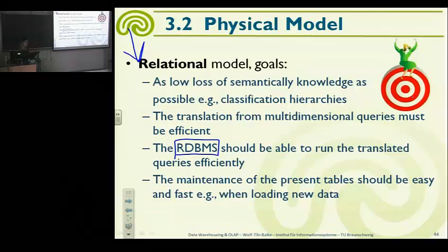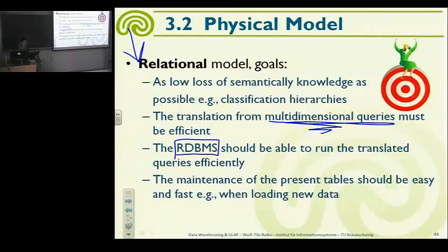We want to keep what we have, just change a little bit, and get the big bucks in our pockets. So they are going to be dealing with multidimensional queries, so not the normal queries that you have. And they want to somehow translate these incoming queries. Then this translated query would be a normal SQL query.